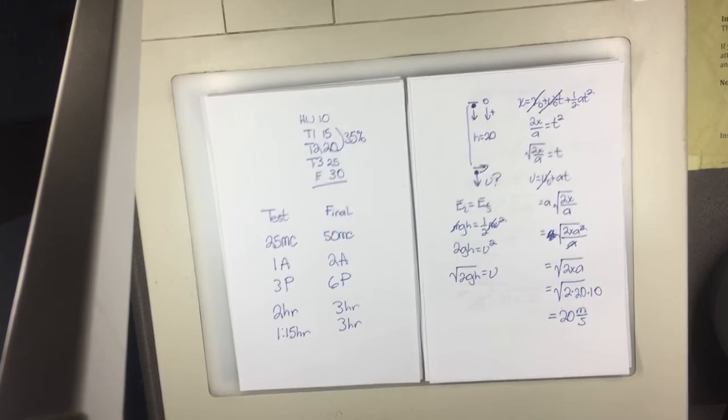I will say this about the final: I take the 3 multiple choice banks, which are about 50 to 75 multiple choice each, and I've got a special final spreadsheet so that of the 50 multiple choice given, a third will come from test 1, a third from test 2, and a third from test 3.